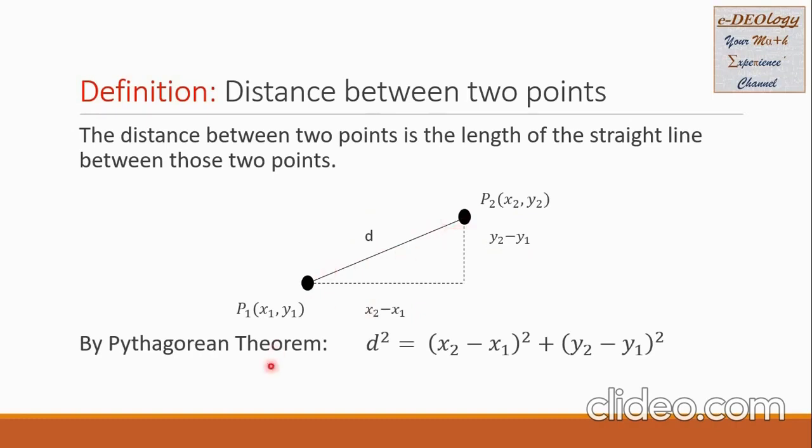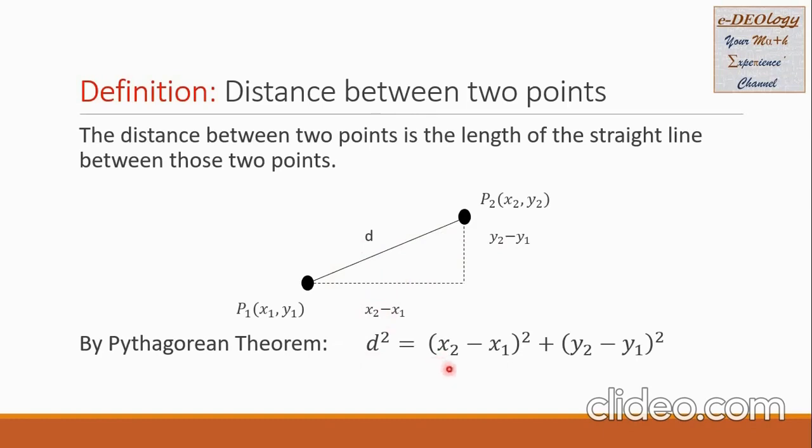So by the Pythagorean theorem, the square of the hypotenuse, which is the D, here we write D square, is equal to the sum of the squares of the two other sides. Let us write first this side, and we square this.